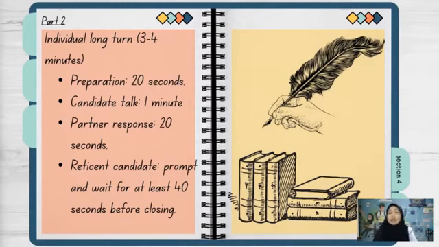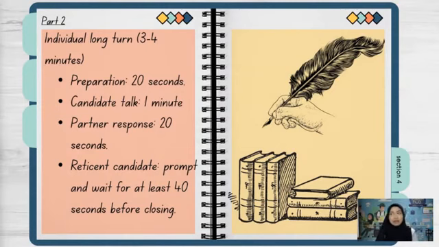Reticent candidates, candidates who are reluctant to speak: when you ask them a question, for example, can you talk about a person you admire, they just keep quiet, thinking and looking at you. Or they just say, I admire my mother, and then they don't know what to say. So try to prompt with backup prompts.